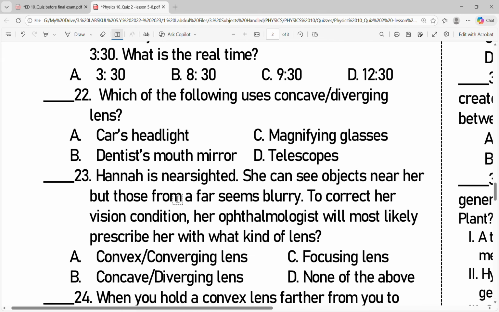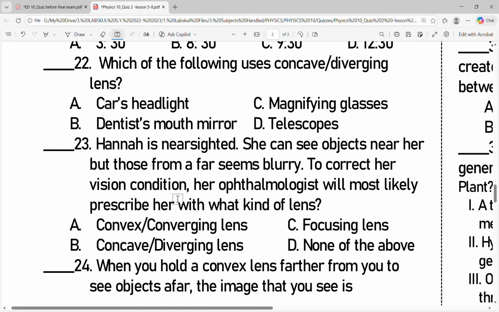22. Which of the following uses concave or diverging lens? Remember guys, a concave lens is somehow ang image nga ma-form niya is somehow the same as the convex mirror. And kung i-recall mo, ang convex mirror will always give you an upright image and at the same time a virtual image that is smaller than the original size of the object.